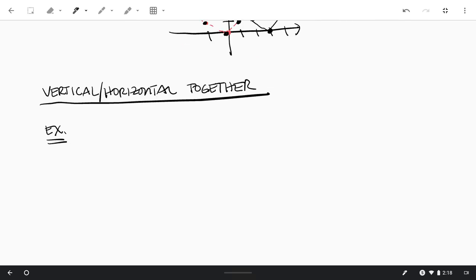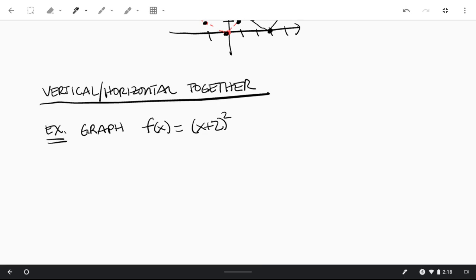Let's graph f of x equals (x plus 2) squared minus 1. The parent function here is x squared, so it's going to be a parabola.